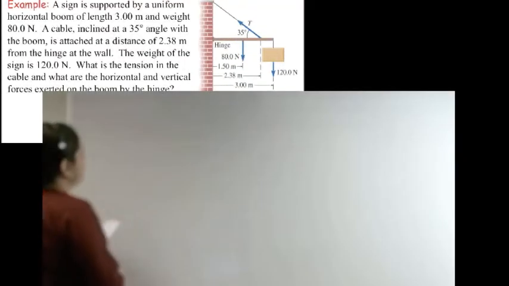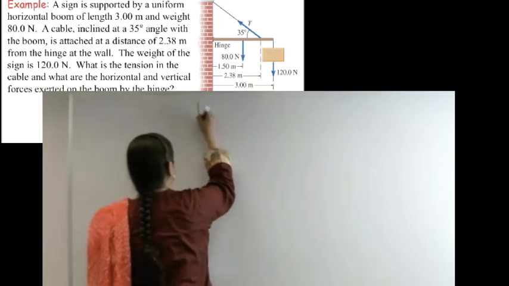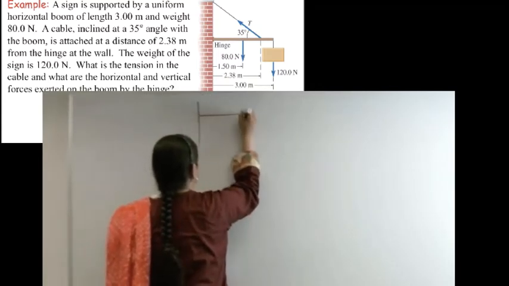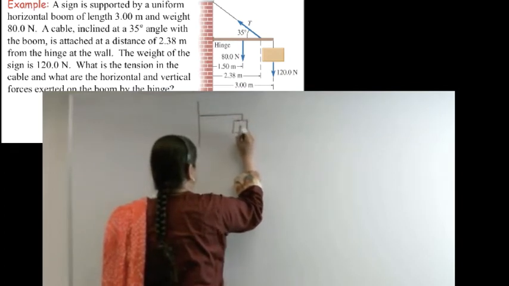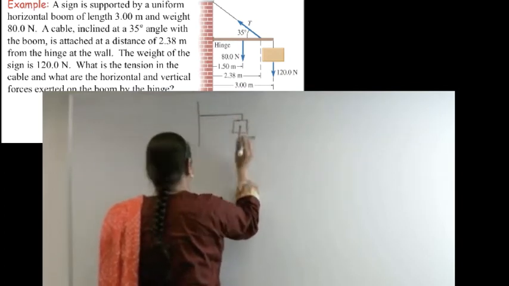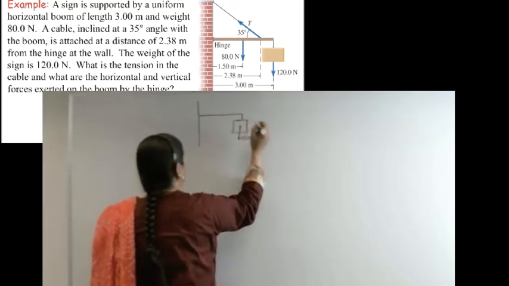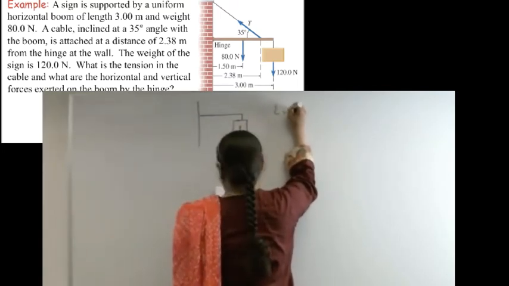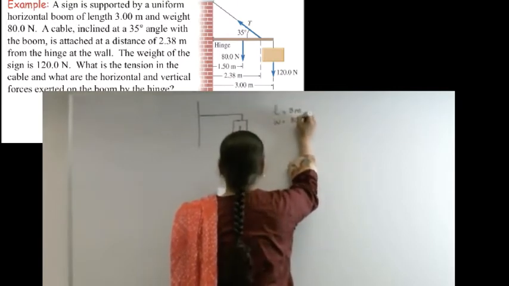Okay, so now let's walk through this problem. It says that we have a sign that is supported by a wall, and that sign is hung over here, and it is 120 newtons. It also gives us the fact that the length of the system is 3 meters, and the weight is 18 newtons.